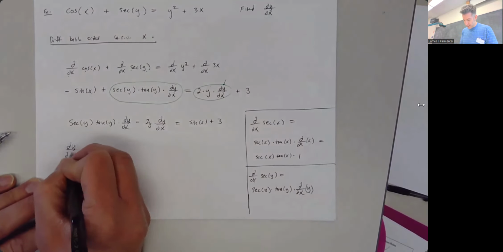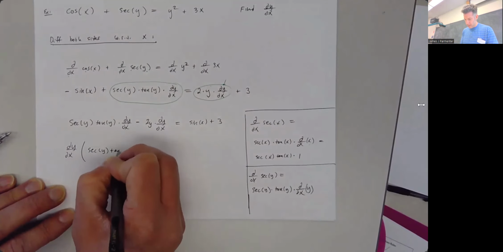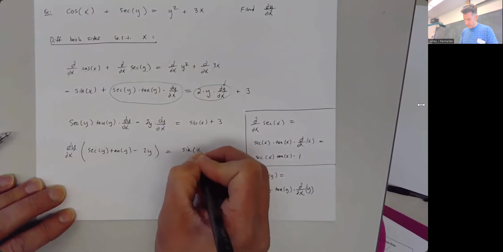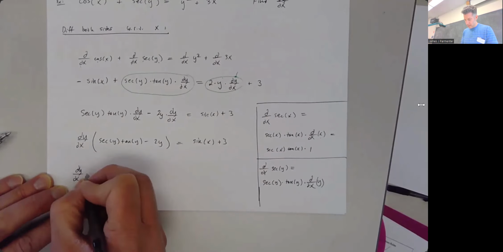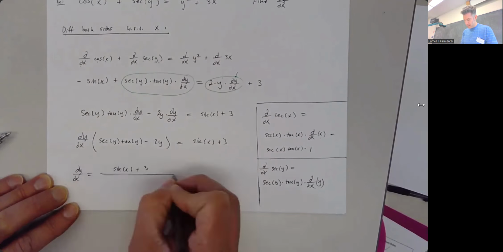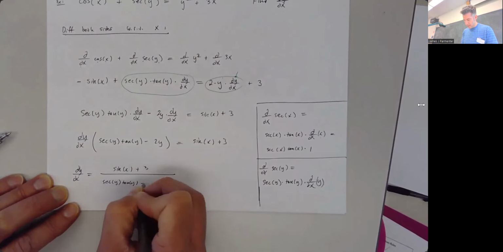Factor out the dy dx, so you're left with secant of y times tangent of y minus 2y equal to the same thing on the right. And then divide by this, so you end up getting dy dx equal to sine of x plus 3 divided by secant of y times tangent of y minus 2y.